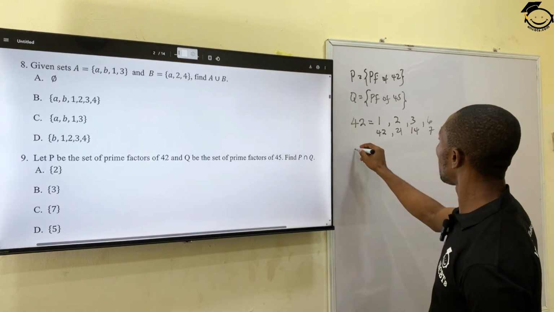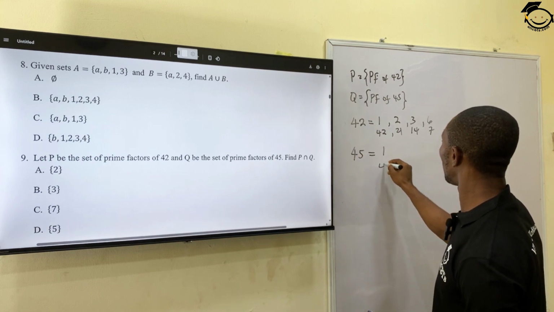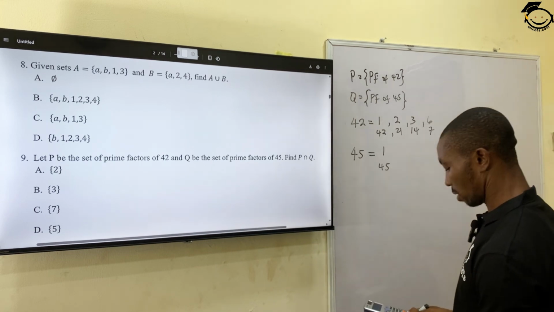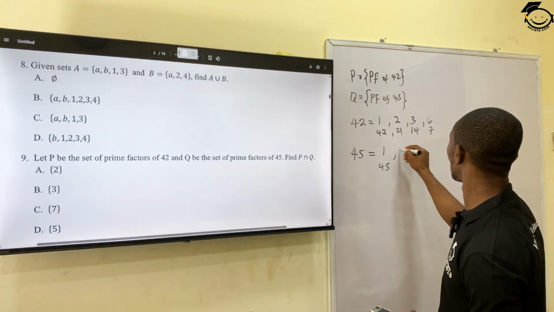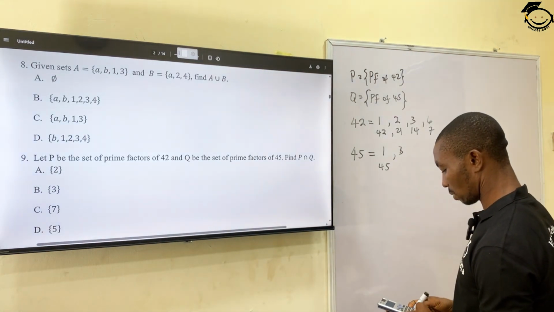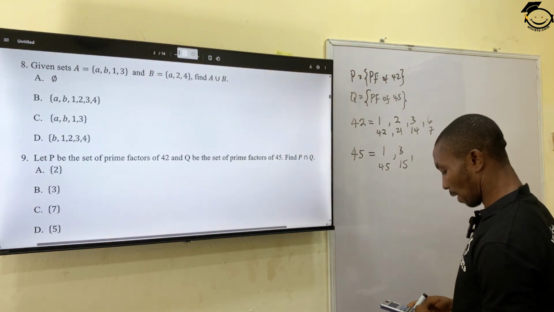And for the factors of 45, we have 1 and 45, 3 and 15, 5 and 9.